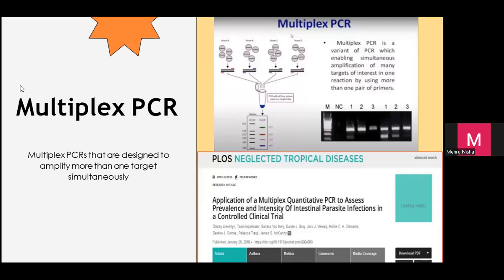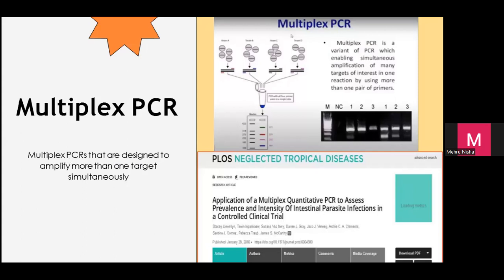Multiplex. Dari perkataan ni, multi ialah apa? Berlain-lain kan? Multitasking, multi-usage, more than one. So what we do is, that means multi sini kita guna beberapa primer.